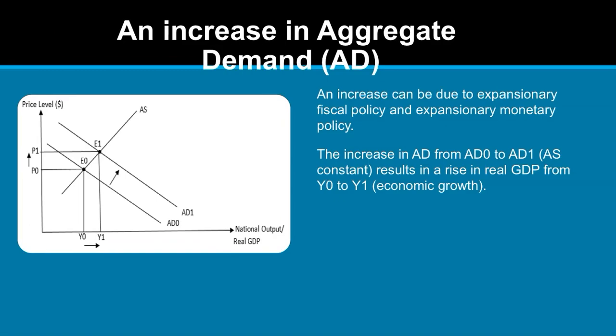Therefore, the new equilibrium point is established at the point E1, where the new price level is P1 and the new national output is Y1. So the impact of an increase in the aggregate demand is more inflationary pressure, at the same time higher national output, higher real GDP, and also more employment in the economy.